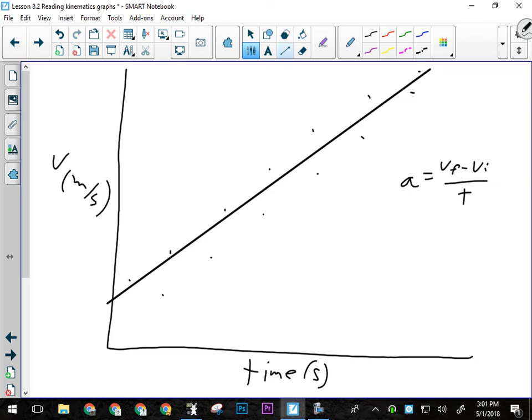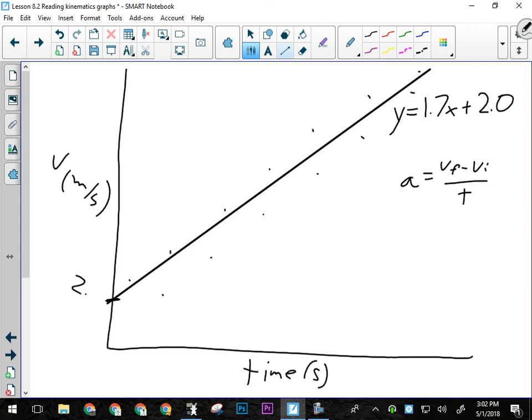Now, let's just say that when I graph this on Google Sheets, it spits out this equation. Okay, and it says that y equals 1.7x plus 2.0. Right? So essentially it's telling me the value right here is 2.0.